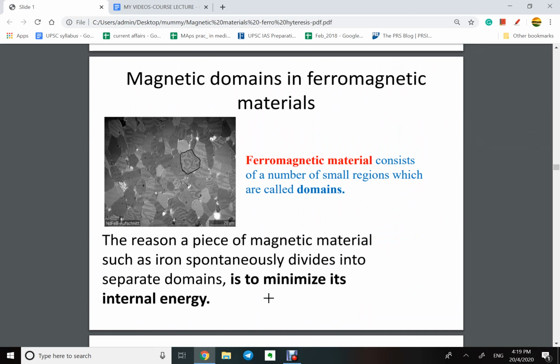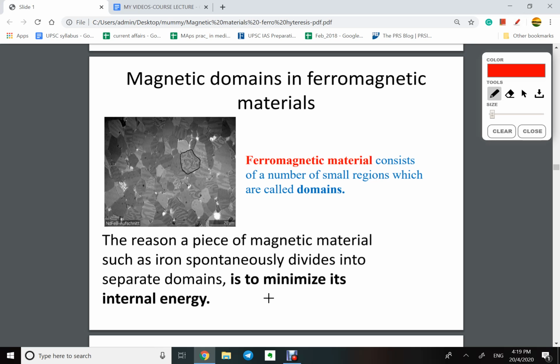Another speciality about the ferromagnetic material is magnetic domains. Ferromagnetic materials consist of a number of small regions which are called domains. Now look at this picture. Within this picture, you can see very small domains.